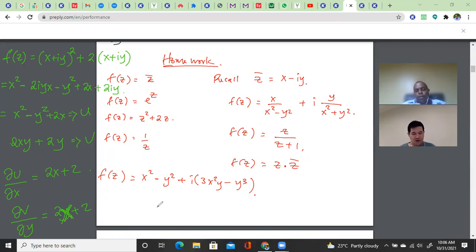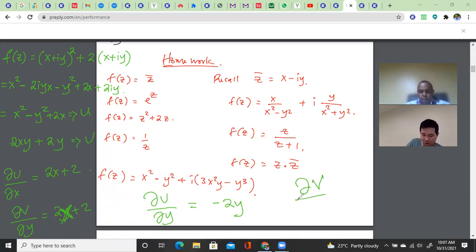But du over dy, which equals negative 2y, does not equal, no, actually, I forgot. It's supposed to be negative dv over dx.